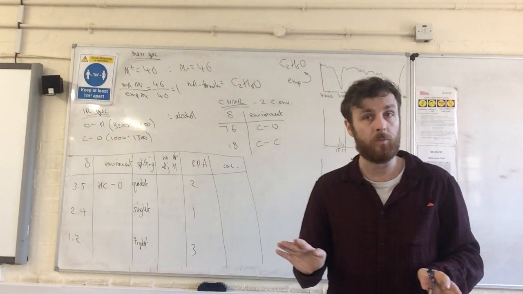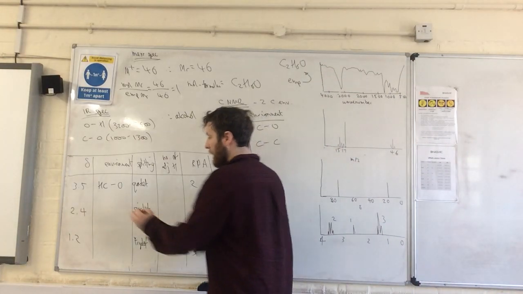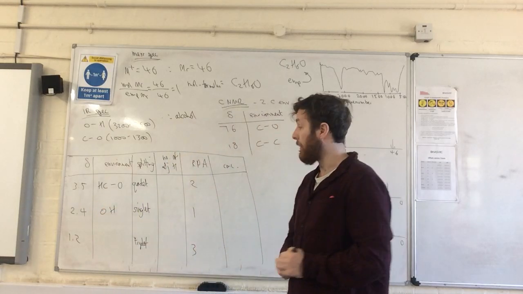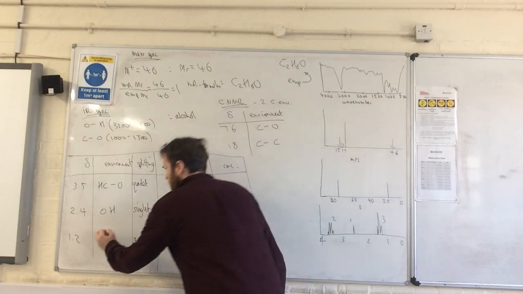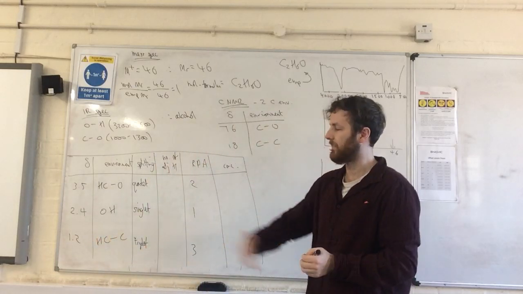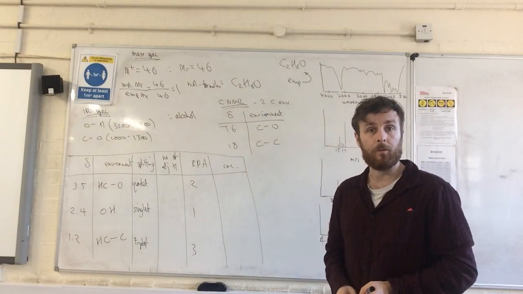They don't cause splitting, and they don't get split. So I know that the singlet must be my OH. And then the triplet at 1.2, that's going to be a H to C to C, or H to C to R, whatever you prefer. That's our first column done.